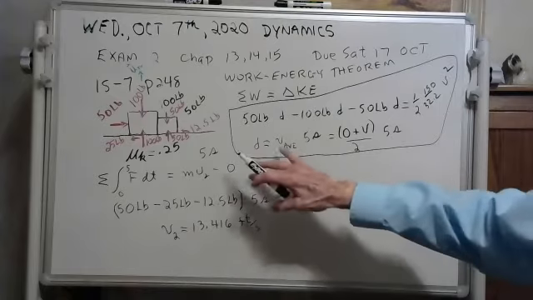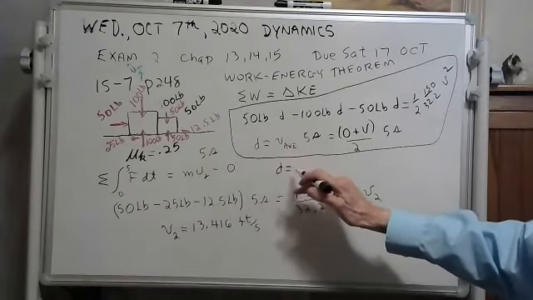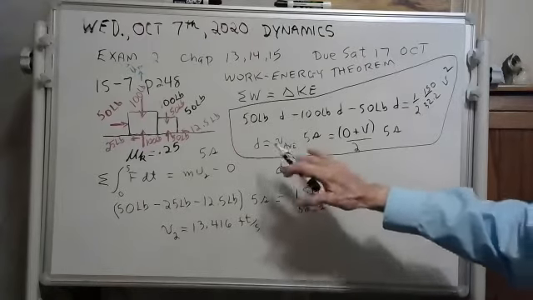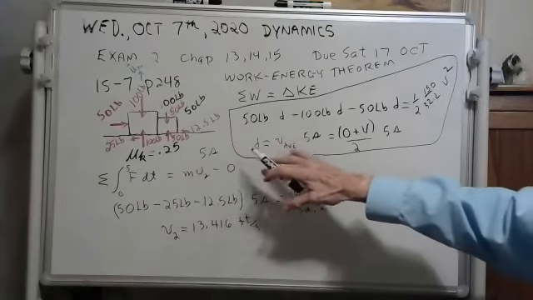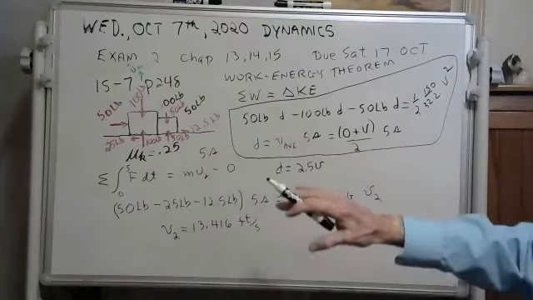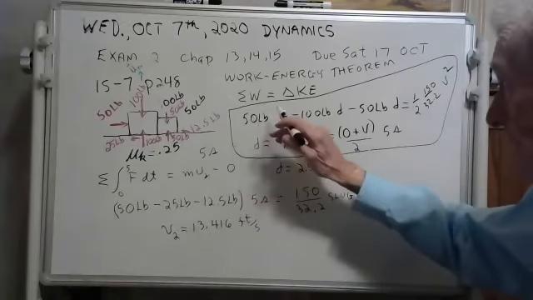Well, see, take this equation here and write d like this. D is equal to 2.5 v. Can you get to here from here? Can you go d is equal to 5 over 2v? Yeah, 2.5 v.